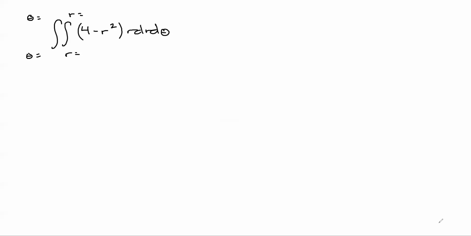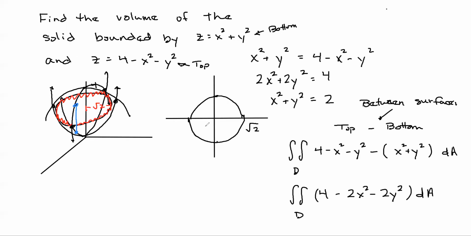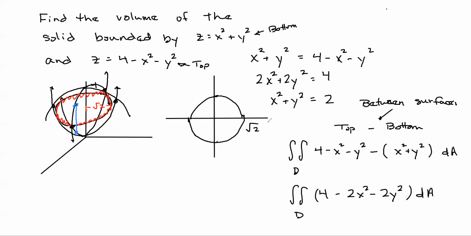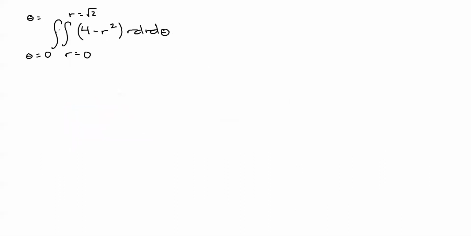So the inner radius, if we look at our object, there is no inner radius, right? It goes all the way to the center. So if it goes all the way to the center, then we want the inner radius to be 0, and the outer radius to be root 2. And then for theta, we start at 0 and go all the way around. So you get 0 to 2 pi.